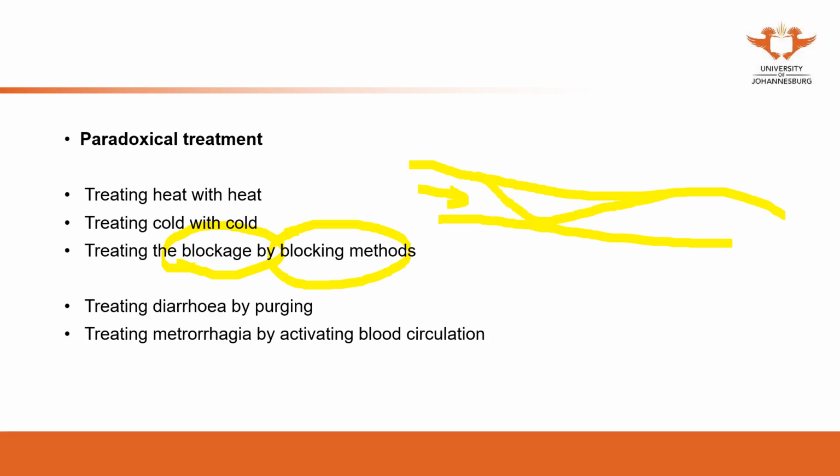But this is because of deficiency. So in this situation, we will improve the substance in the pathway to push and unblock it. Let's use the blocking method for the blockage, where the blockage is due to deficiency.